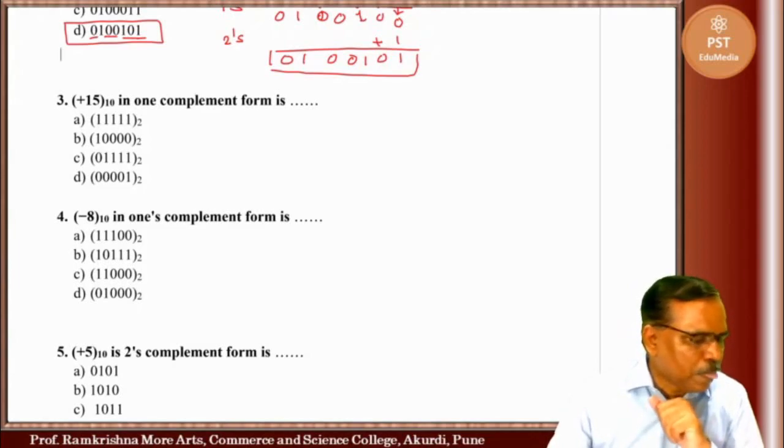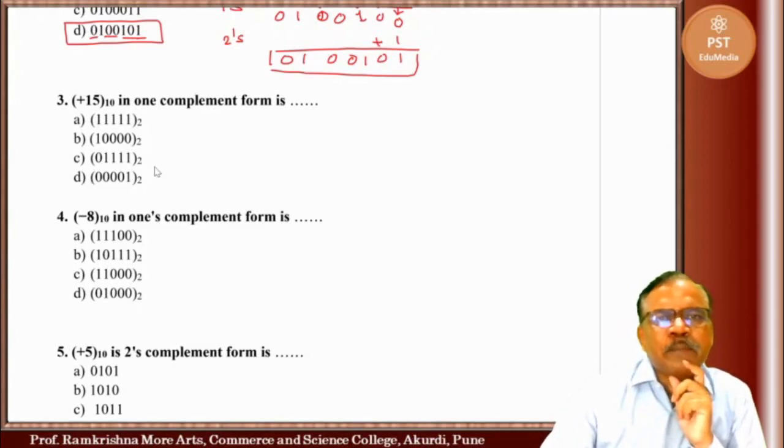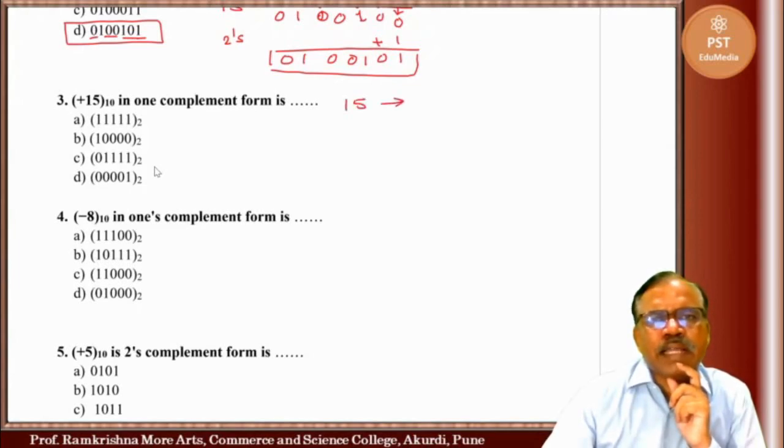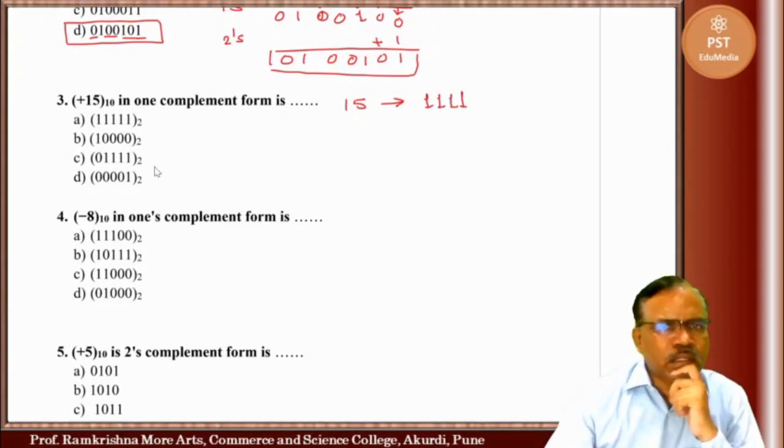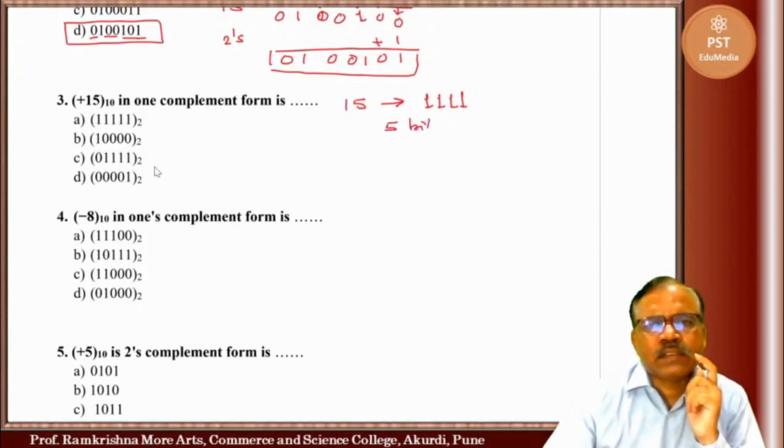Now here if we take the number 15, its binary number is 1 1 1 1. If we want signed binary, we will take a 5-bit register.